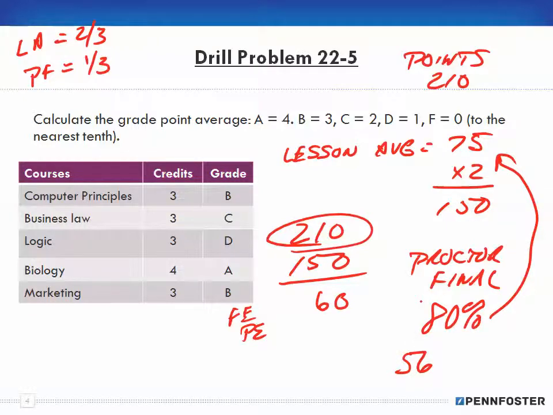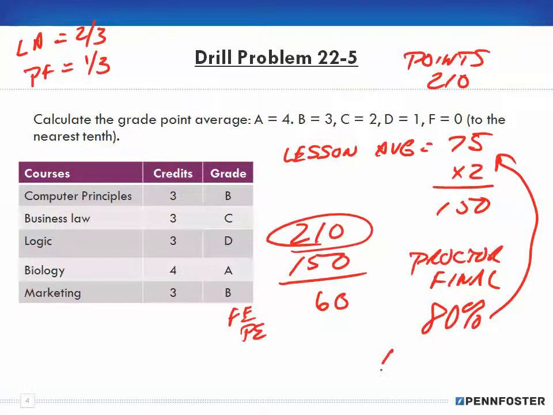Well, let me do the math. 75 times 80%. Let's see, 75 times 0.8. Now that ends up being exactly a 60. Let me erase that.